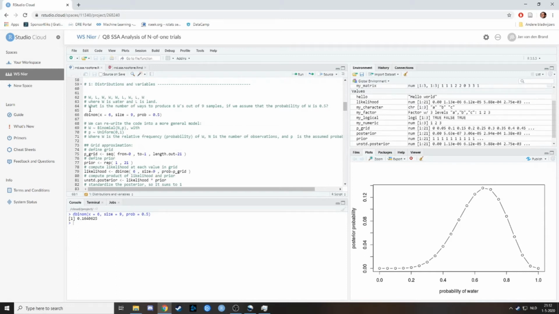We can get this simply from the binomial distribution, which is for yes or no outcomes. We say, okay, this is our observation, our success, 6 times water out of 9 tosses, and with a prior probability of 50%. Then we're saying that the posterior probability that 50% of the Earth is covered in water is actually 16%.